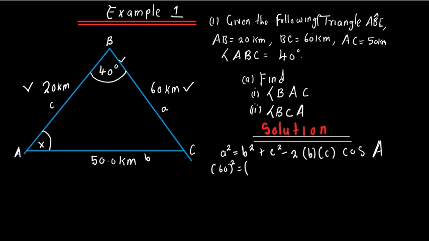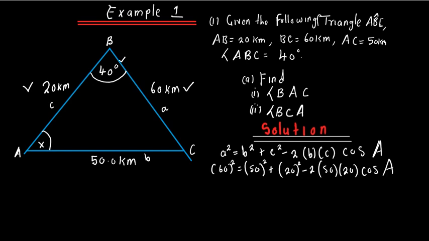B is 50 kilometers. C is 20 kilometers. Okay, then I just do my replacements there. So the angle A is what we're looking for. Let's just do a calculation.